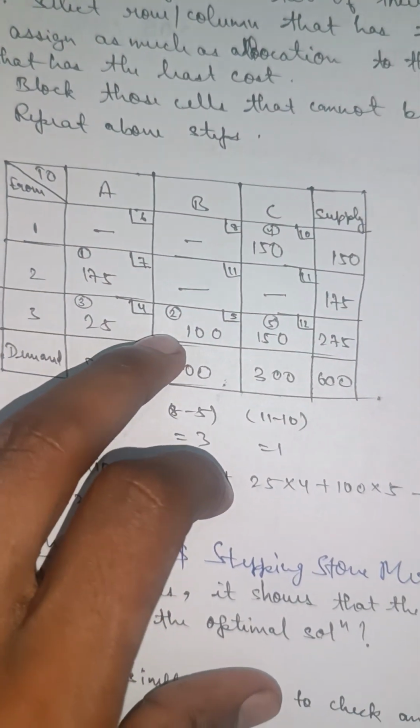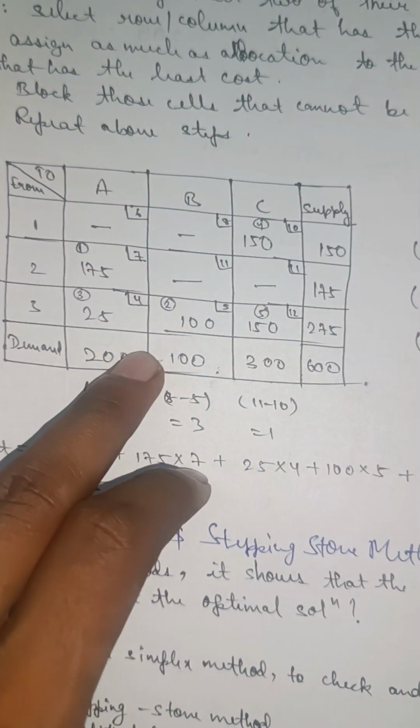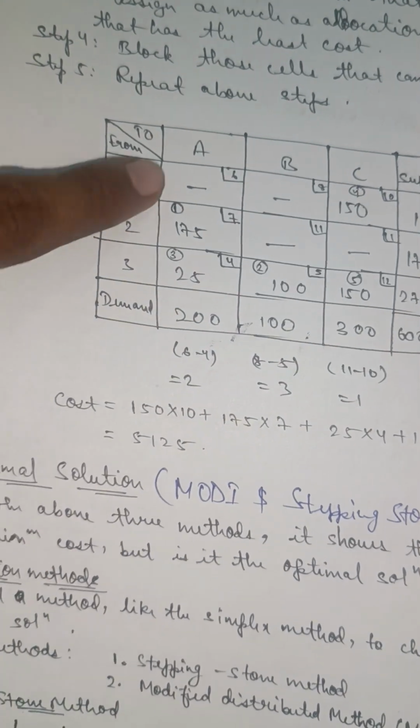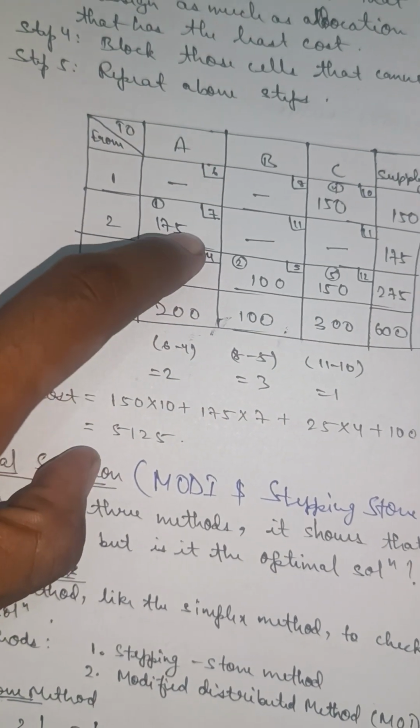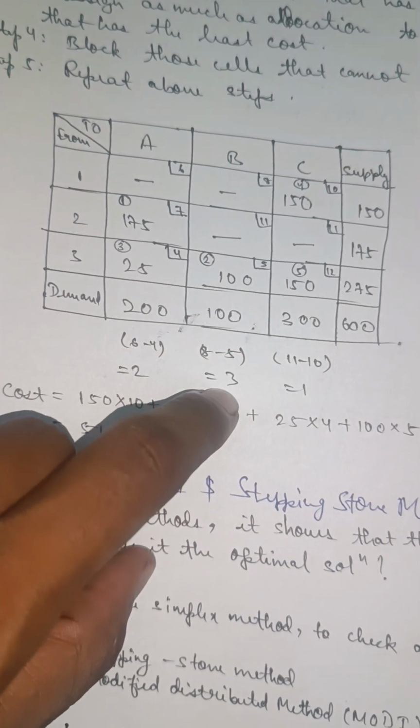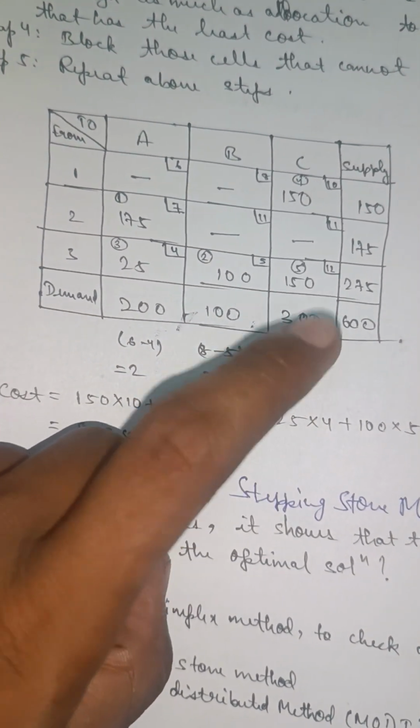Likewise we do for the other rows: 11 minus 7, 4, and 5 minus 4, 1. And we do the same for the columns, like here we have 4 and here 6. 6 minus 4, 2, 8 minus 5, 3, 11 minus 10, 1.